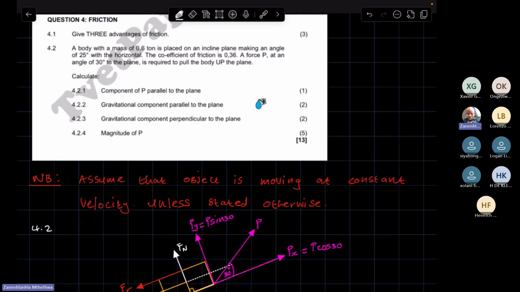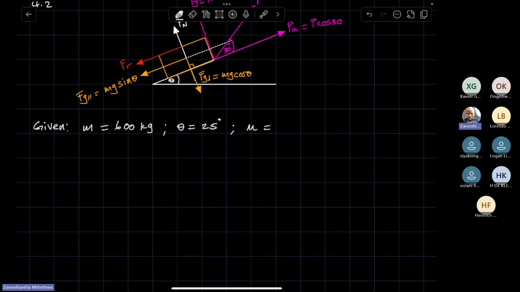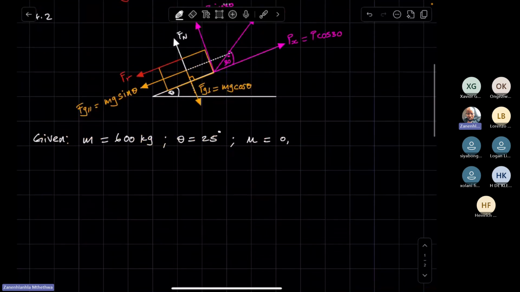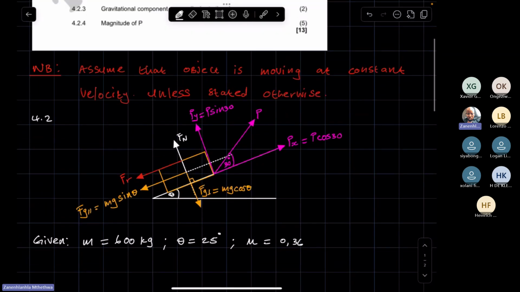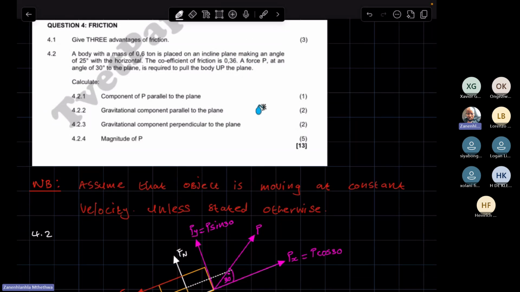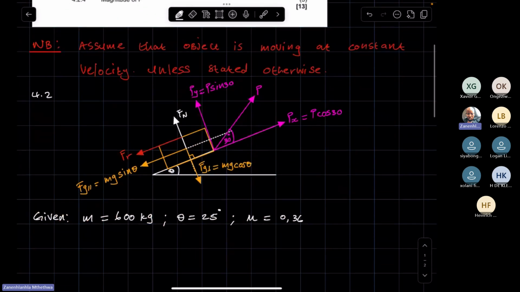Angle theta is 25 degrees, and the coefficient of friction is 0.36. That is everything that we've been given.